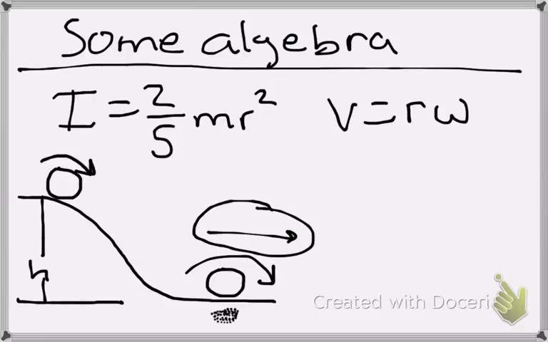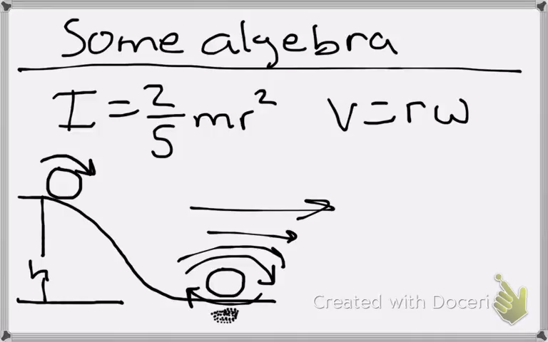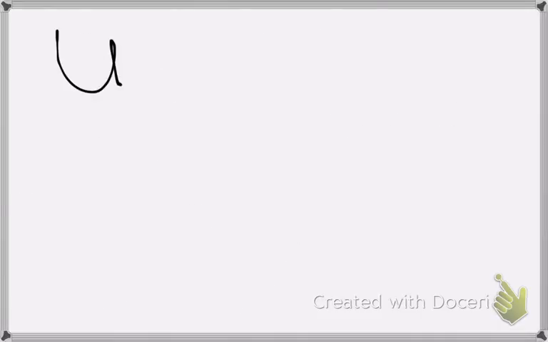we're also factoring in that it's rotating. So it is spinning and moving this way. But anyway, so we have a potential energy that it starts with.